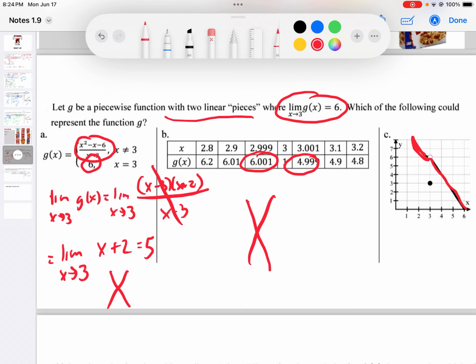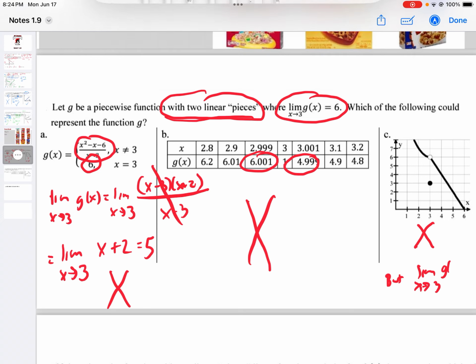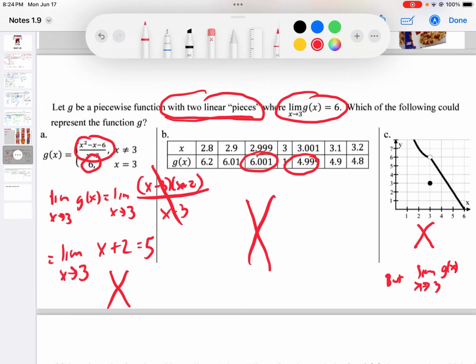And if it says they're with 2 linear pieces, I could see where you would say, yeah, that could work because the limit's definitely 6. But does it satisfy the 2 linear pieces? Technically, no, but the limit as x approaches 3 of that function is definitely 6. So that one's a little tricky.